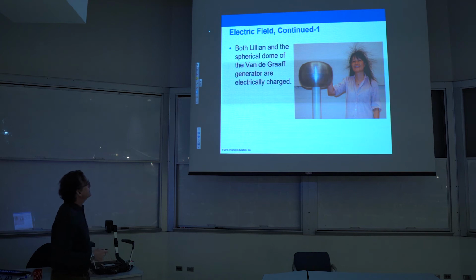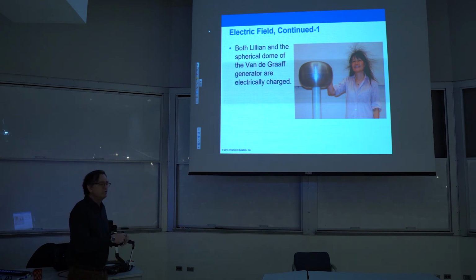And because the generator itself is generating a huge electric charge on the surface of this sphere, which in this case we will look at as a negatively charged dome, then by touching it, some of those electrons are traveling into her body and reach her hair, distributed everywhere.